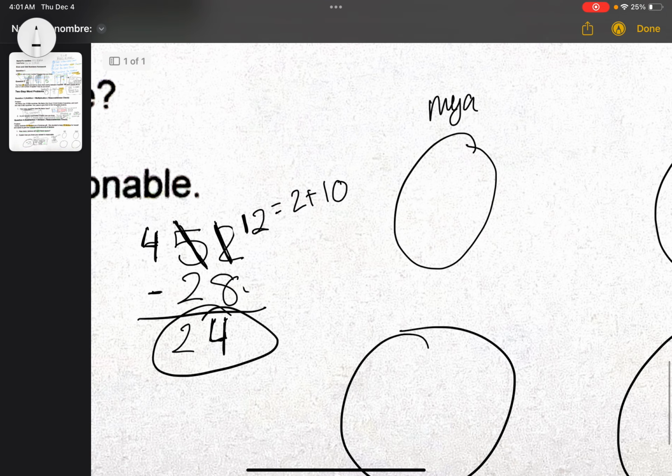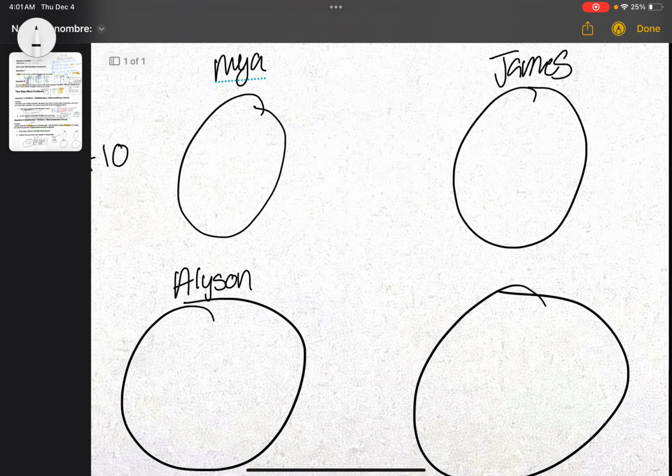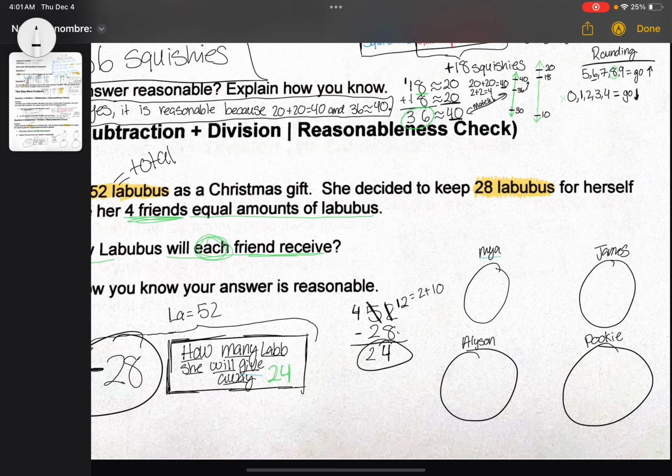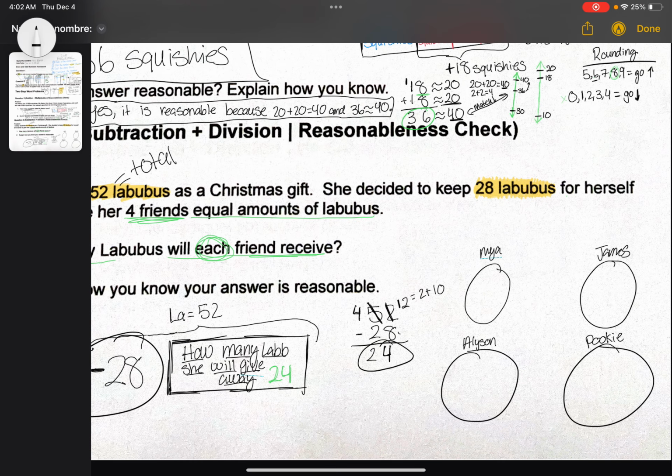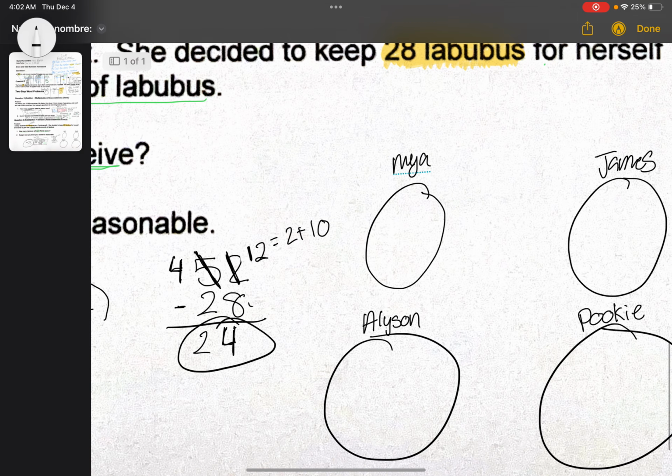We'll say Allison. And we'll also say Pookie. These are the names. And Ashley's going to give her friends equal amounts of the Labubus she received. And remember, we have 24 Labubus.